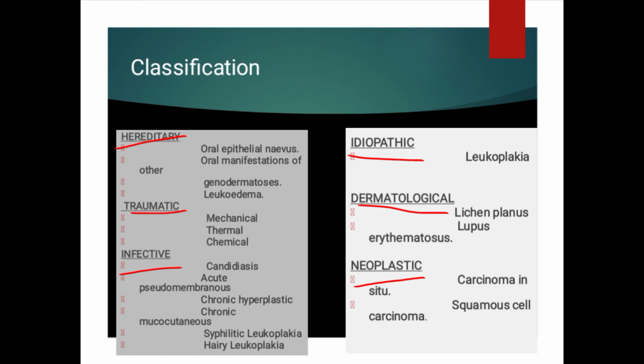In infective we have candidiasis, acute membranous, chronic hyperplastic, chronic mucocutaneous, and syphilitic leukoplakia and hairy leukoplakia. In idiopathic it is leukoplakia. Dermatological you have lichen planus or lupus erythematosus. In neoplastic you have carcinoma in situ and squamous cell carcinoma.